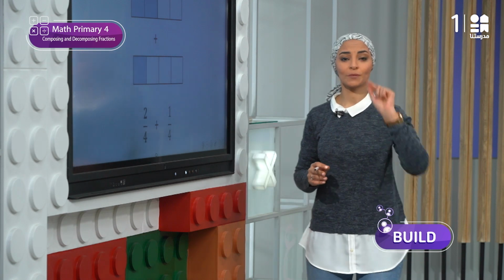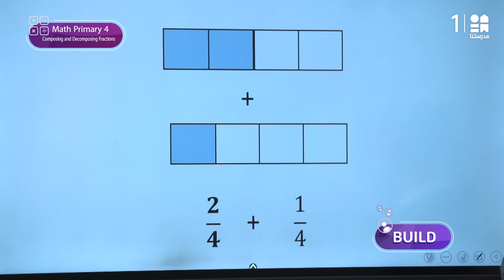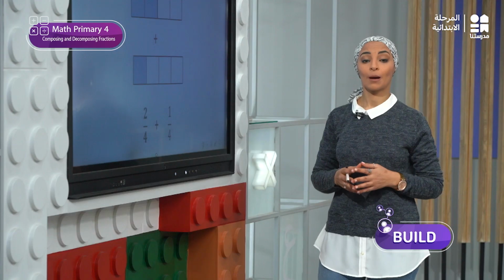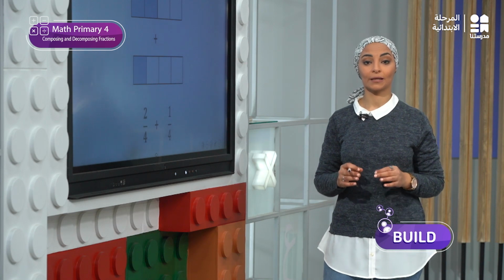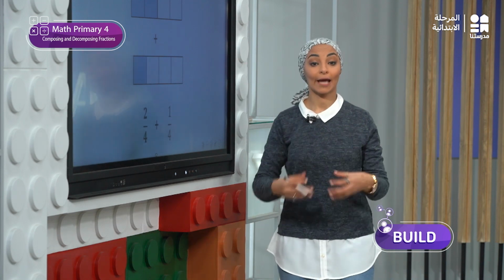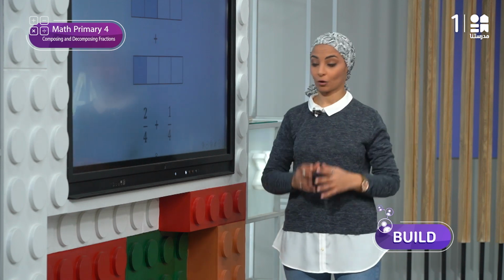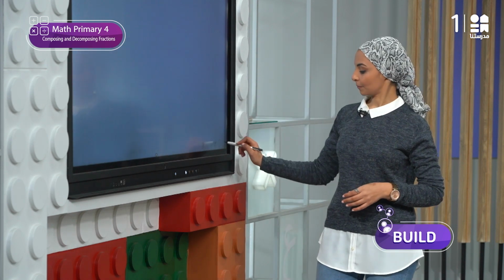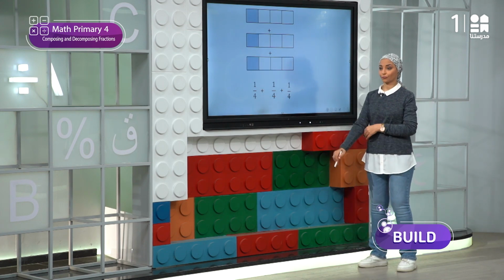But there is a small mistake here. What is it? The first fraction, which is 2/4, is a fraction, but it is not a unit fraction. That means this fraction can be decomposed into 1/4 plus 1/4 like this. I can decompose it into 1/4 plus 1/4.